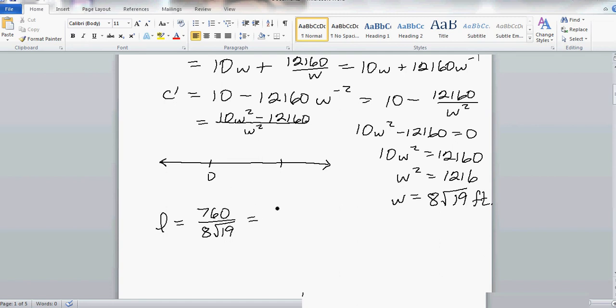So this is 95 over root 19. But that very simply equals 95 root 19 over 19, which happens to equal 5 root 19. And so the length would be 5 root 19 feet. So the width is 8 root 19 feet, and the length is 5 root 19 feet.